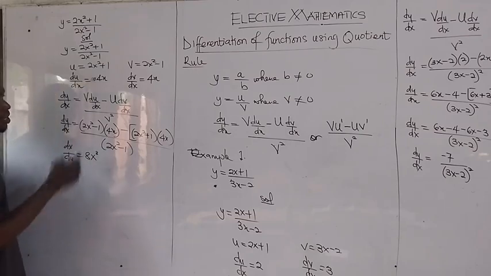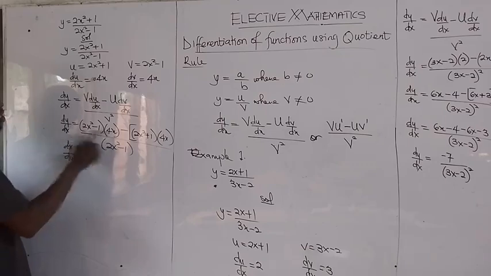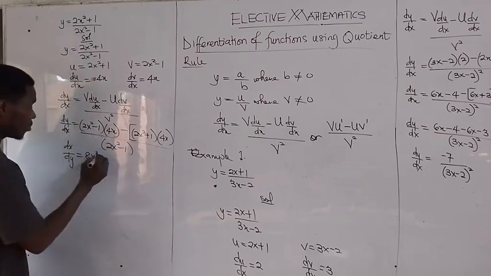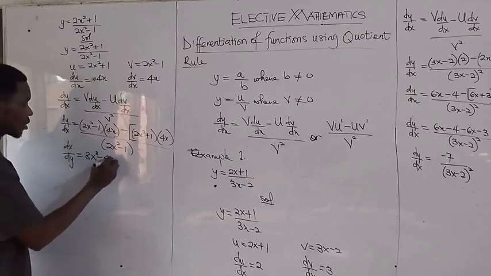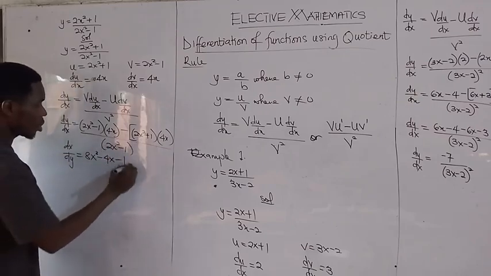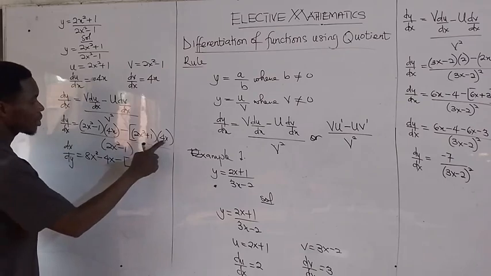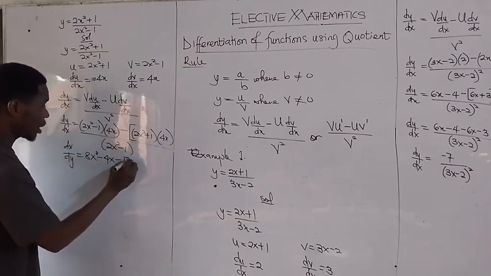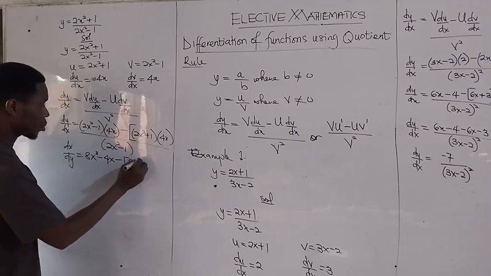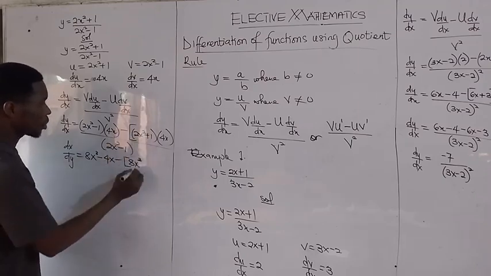This is indices. If we have x and the bases are the same, you just have to add. Minus negative 1 times 4, you have 4x. Minus 2x multiplying this will give us what? X squared multiplying 4, you will have 8x cubed.